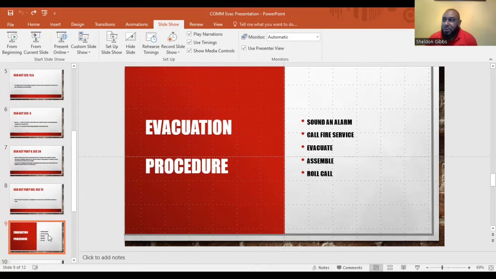Part of our planning process will be identifying a member of the administration. If it's a school, a member of the school staff, whether the principal, vice principal, or other members of the administration staff.